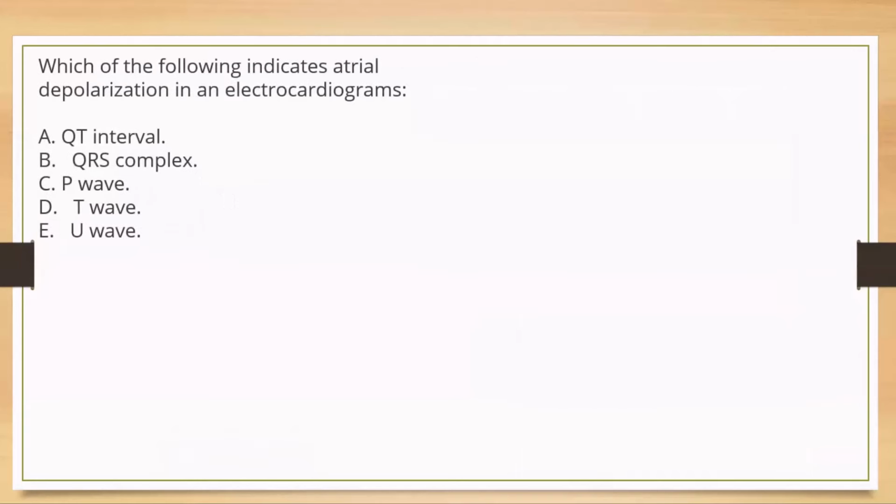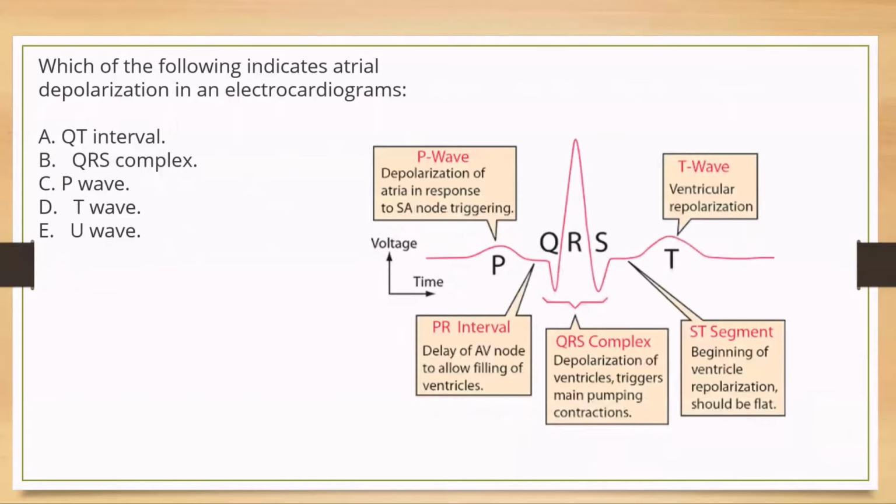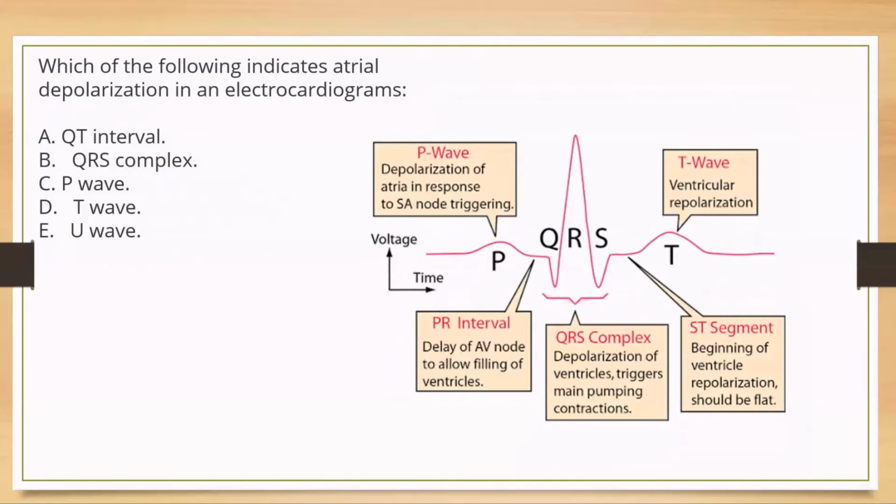Now we do the following. Indicate atrial depolarization in an ECG. So basically, we have to look at what an ECG is. Good. Let's use this one to describe everything. So we have the P wave. The P wave talks about the depolarization of the atria in response to sinoatrial node triggering.